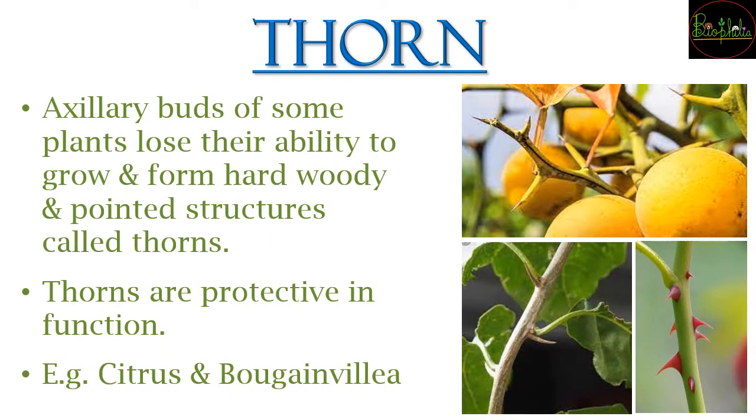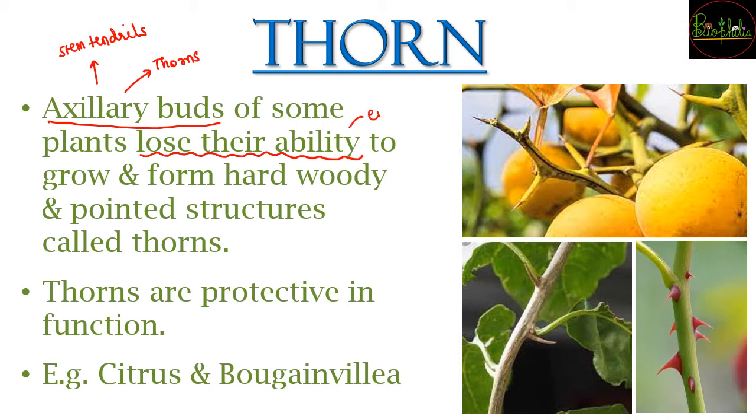Next is thorns. The thorns are going to come from the axillary buds. So say you can have the stem tendrils coming, or if the stem tendrils are not growing, then they can form thorns as well. So thorns are going to be those axillary buds that have lost their ability to grow, meaning that is going to be the end of the stem.